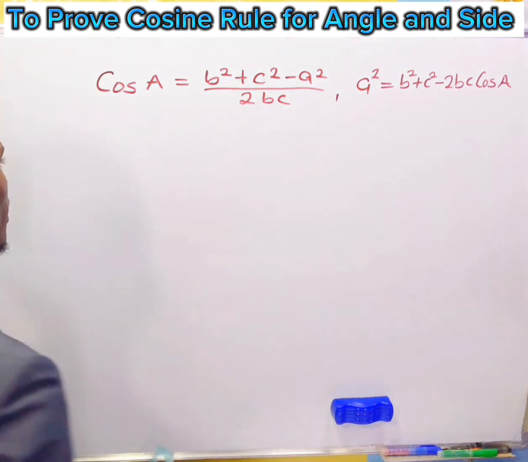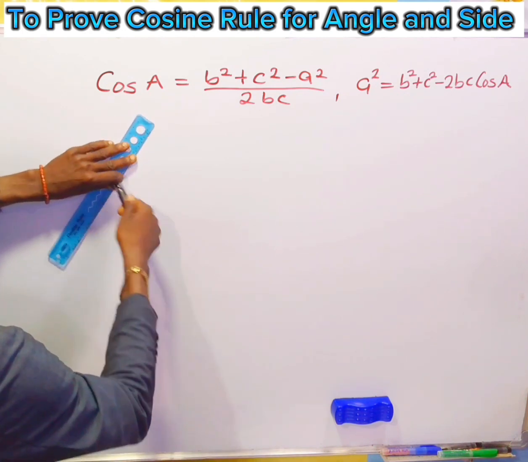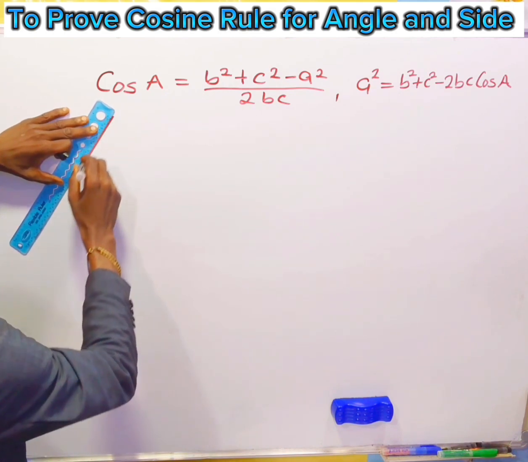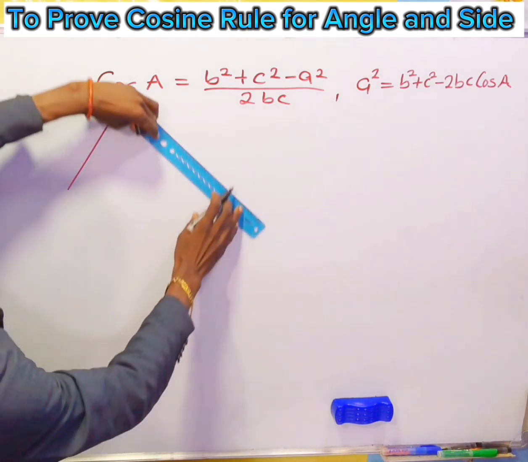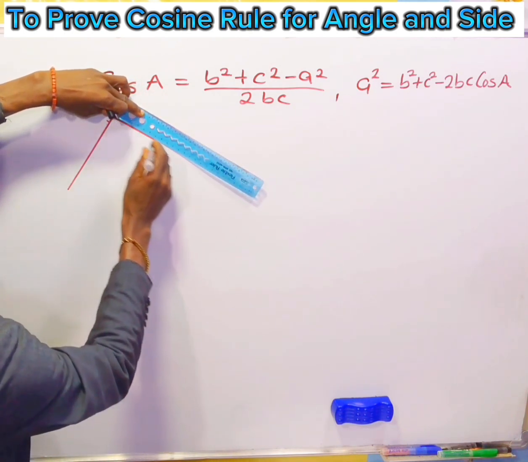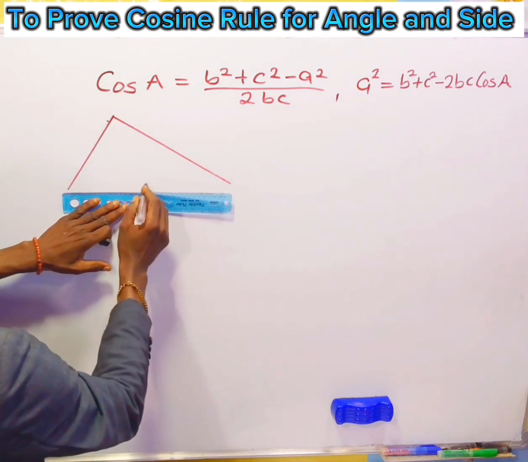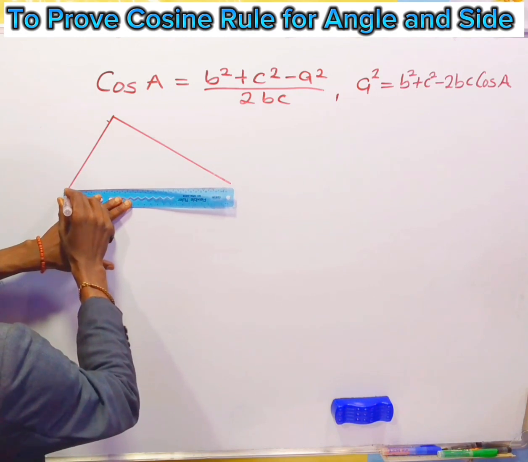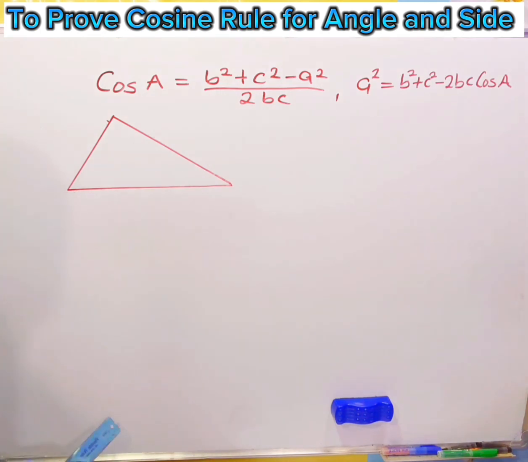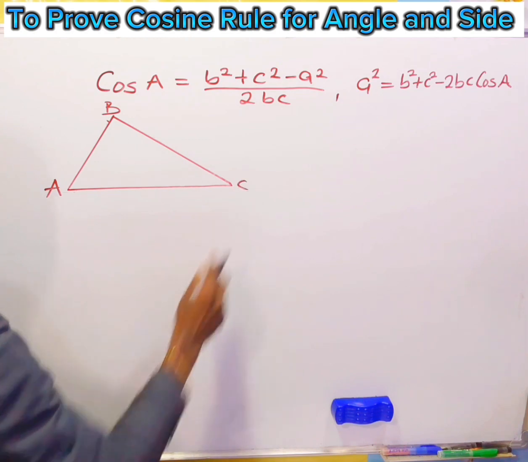To prove this law, let's consider triangle ABC with sides a, b, and c.